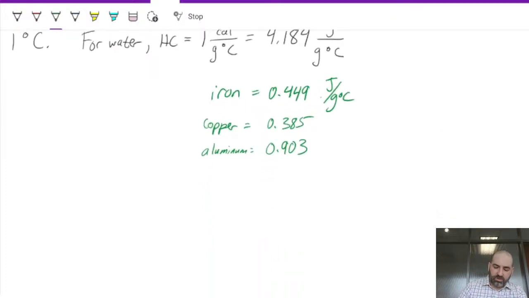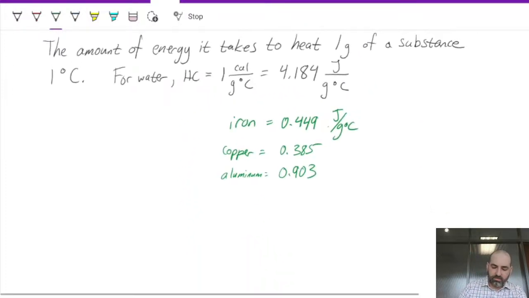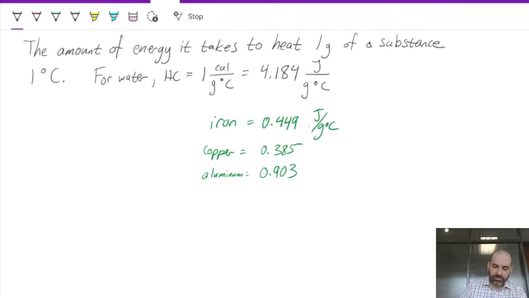So the actual equation for measuring heat, which we're going to use for our calorimetry next week, is Q, which is heat. I know it's a weird variable for that, but that's what's used.